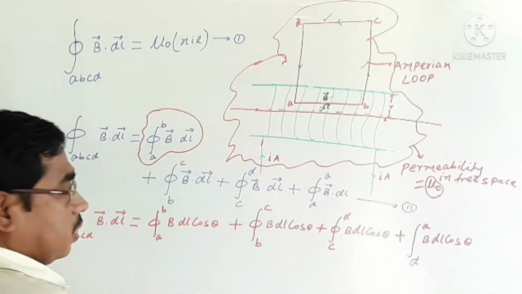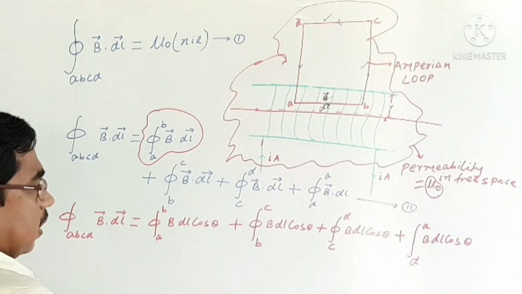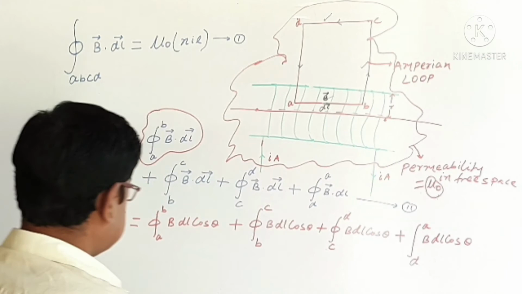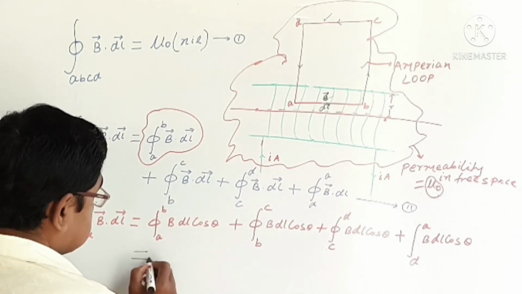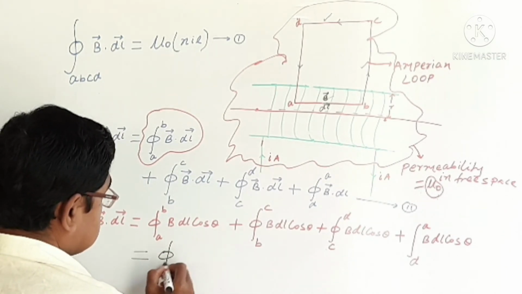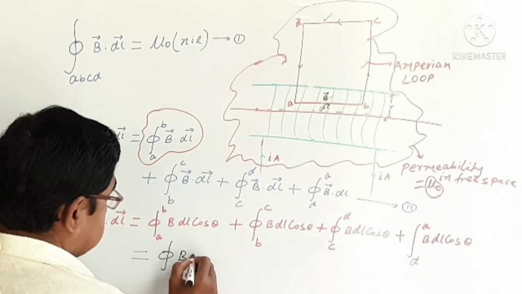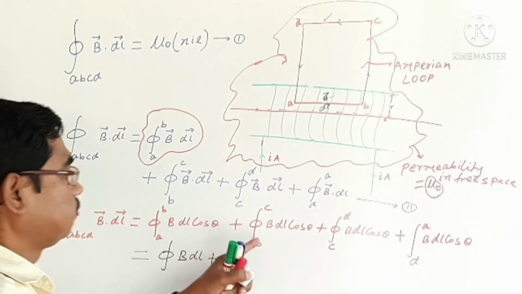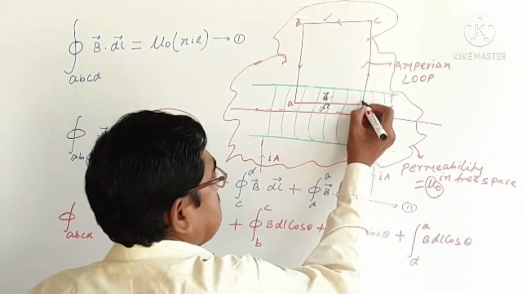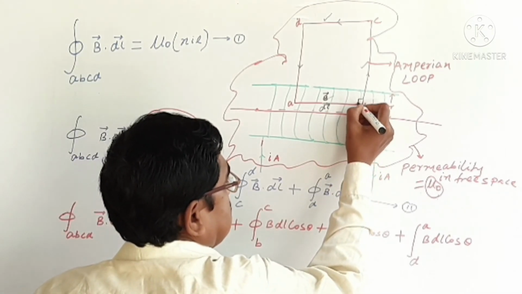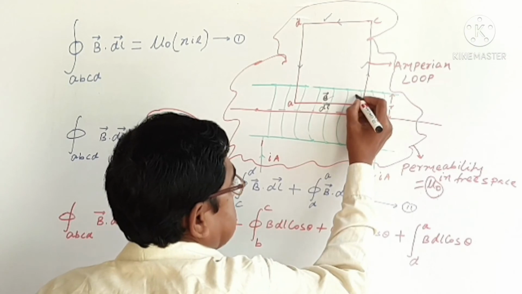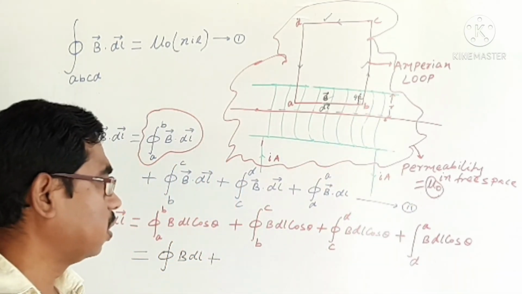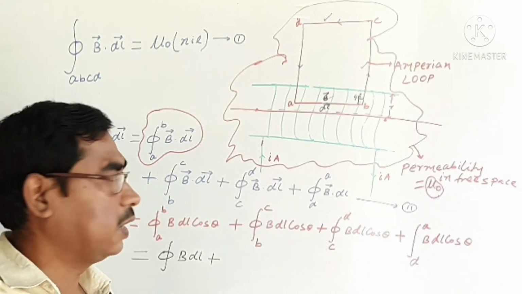So here theta is 0, then cos theta is equal to 1, so the value is B dl. Now for B to C, we observe this is 90 degrees, so the direction of B and dl is perpendicular.